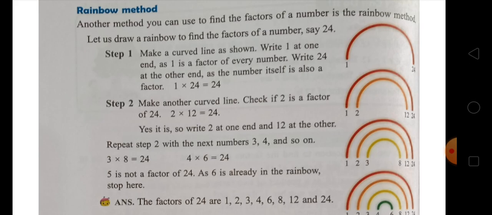So we match 2 and 19 with 38, and the next number is 39. Of 39 there will be two factors, that is 3 and 13. So we will match 3 with 39 and 13 also with 39, and we have to color them with the same color.